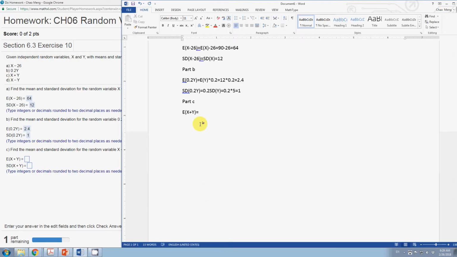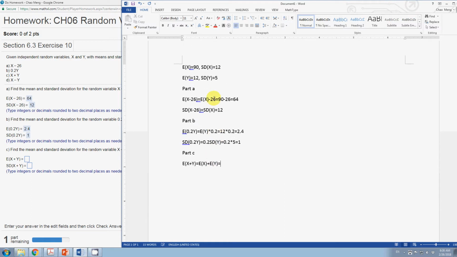So it's equal to the expected value of x, because this is plus, we just use plus, the expected value of random variable y. Okay, let's plug the numbers in there, 90 plus 12, so it's equal to 102. Okay, what about standard deviation? Standard deviation of x plus y. Do we have a property for that?